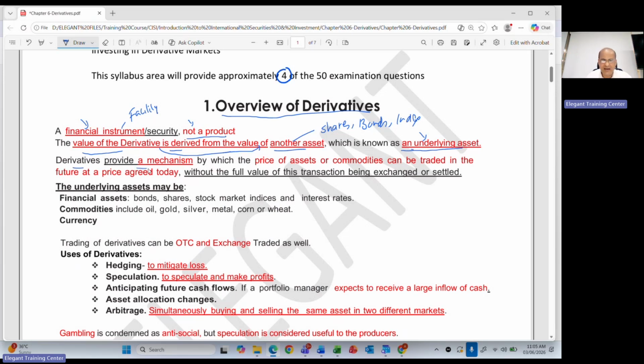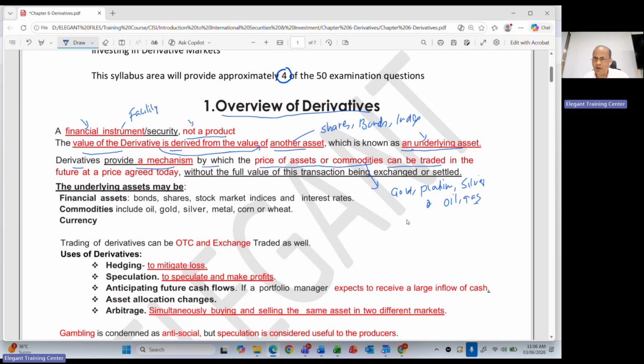Derivatives provide a mechanism by which prices of assets or commodities can be traded. So basically, derivative is trading in the prices of the commodities or assets. Commodities can be, let's say, gold, platinum, silver, also oil, gas.